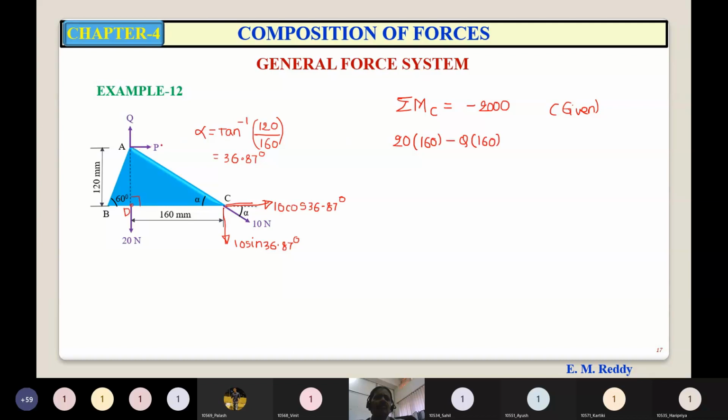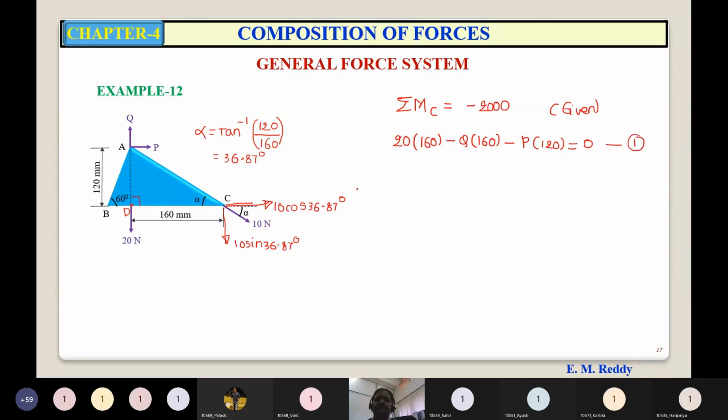Moment of horizontal force P, creating clockwise sense, is minus P into the perpendicular distance 120. And the moment of this 10 Newton about point C is 0.